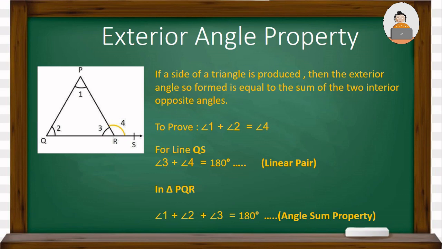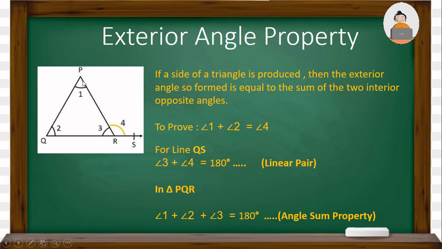Friends, next is the exterior angle property. The exterior angle property says that if a side of a triangle is produced, then the exterior angle so formed is equal to the sum of the two interior opposite angles.